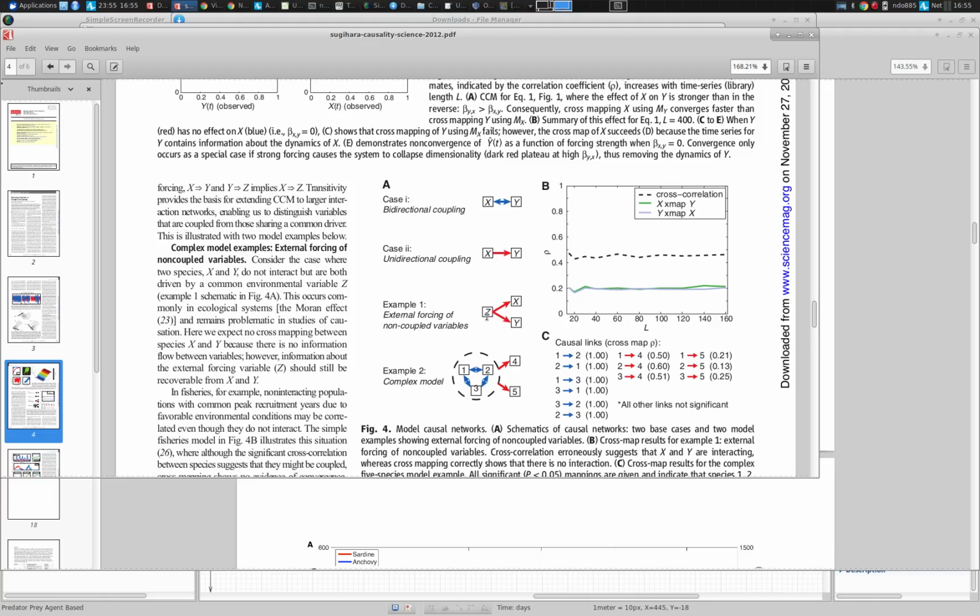For these different cases you've got 1 and 2 and 2 to 1, etc. So 1 to 4 is not very strong. 1 to 5 is not strong. 2 to 5. I think this 1 to 4 is this one here, so it's only moderate. 2 to 4, 3 to 4. Similarly, 1 to 5 here, sort of modest. And it says all other links not significant.